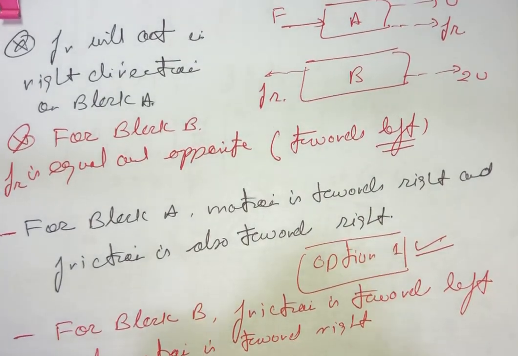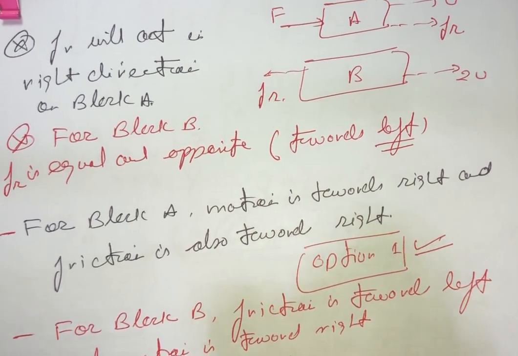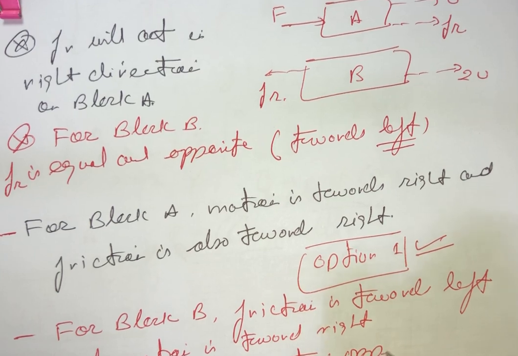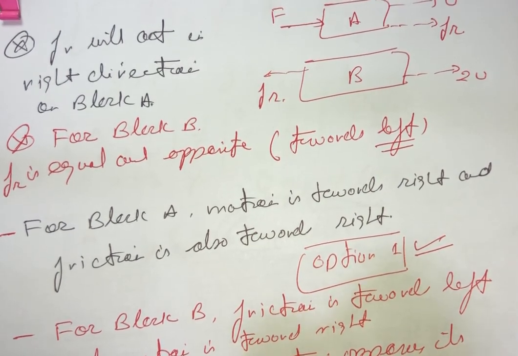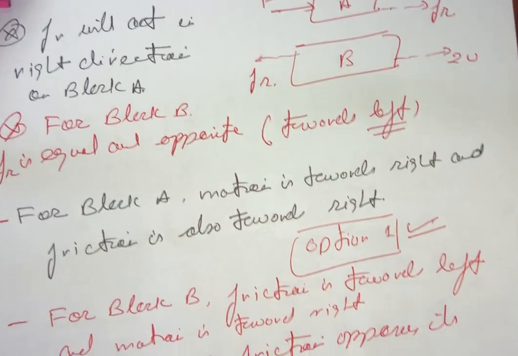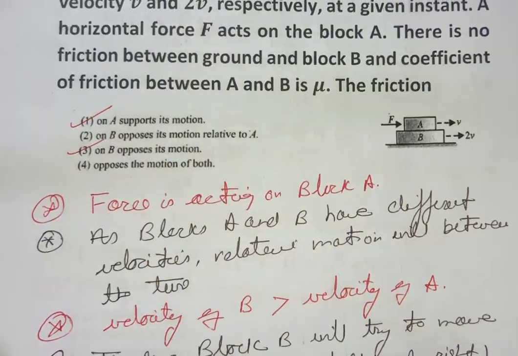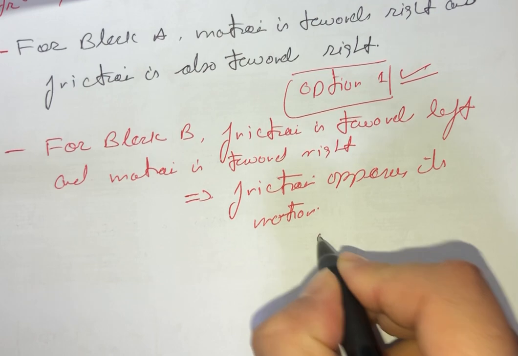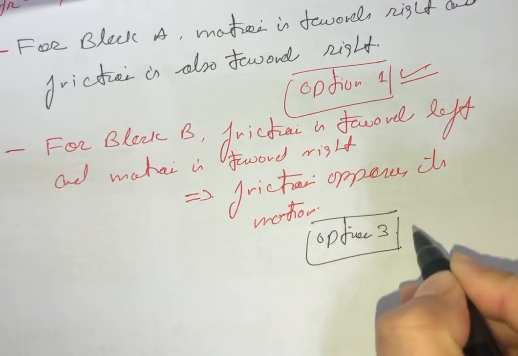So friction opposes its motion. So it means option number 3 is also correct.